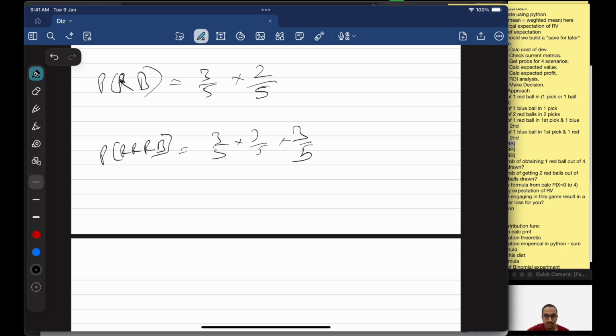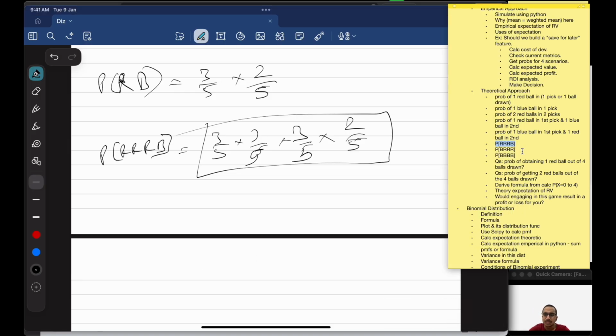The probability of drawing each red ball is still 3 over 5 for all 3, and the probability of blue will also be 2 out of 5, and this will be the total probability. It will be the same for the others as well. For blue it will be 2 over 5, and the rest of them 3 by 5, 3 by 5, 3 by 5.